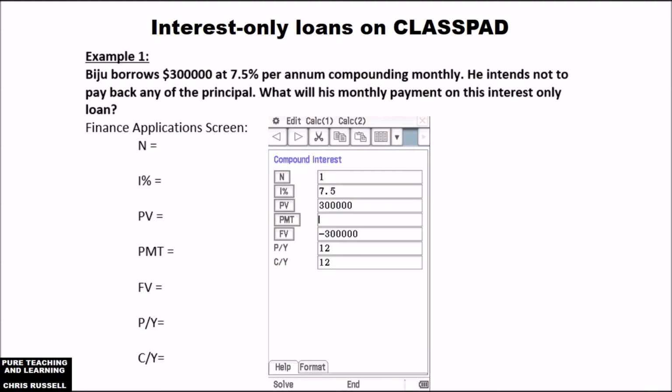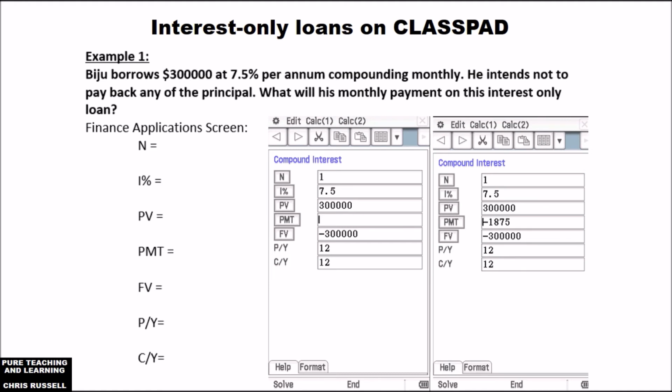N, number of payments, is 1, the reason being that we just want to know the monthly payment. The interest rate is 7.5. The amount being borrowed by Bijou is $300,000. The future value, because we're only referring to the monthly payment, is negative $300,000, and PY and CY are 12.